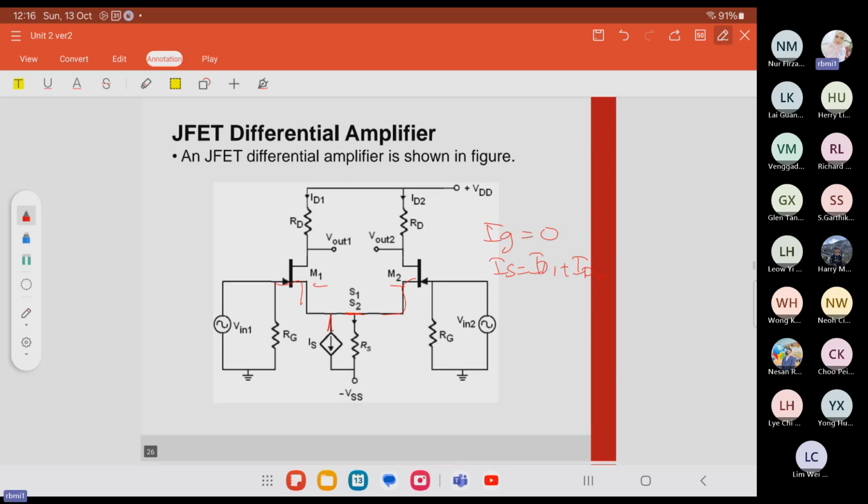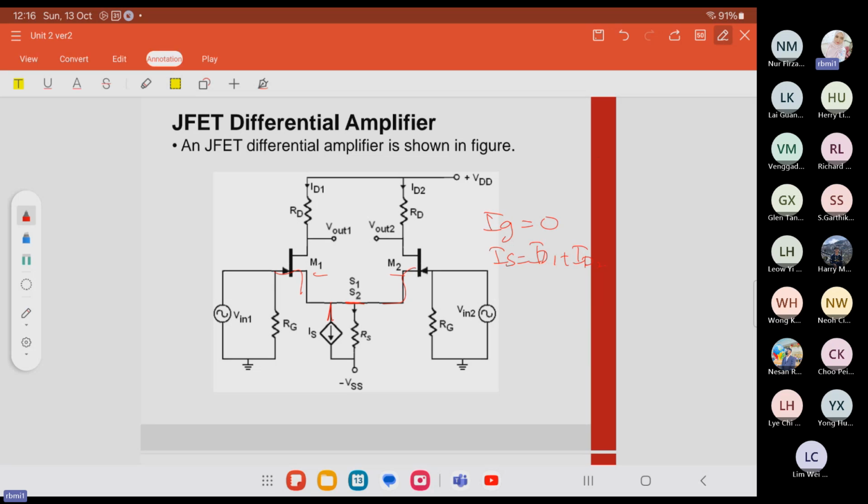For Vout1 equals VDD minus ID1 RD. For Vout2 equals VDD minus ID2 RD, with respect to out1 and out2 here.